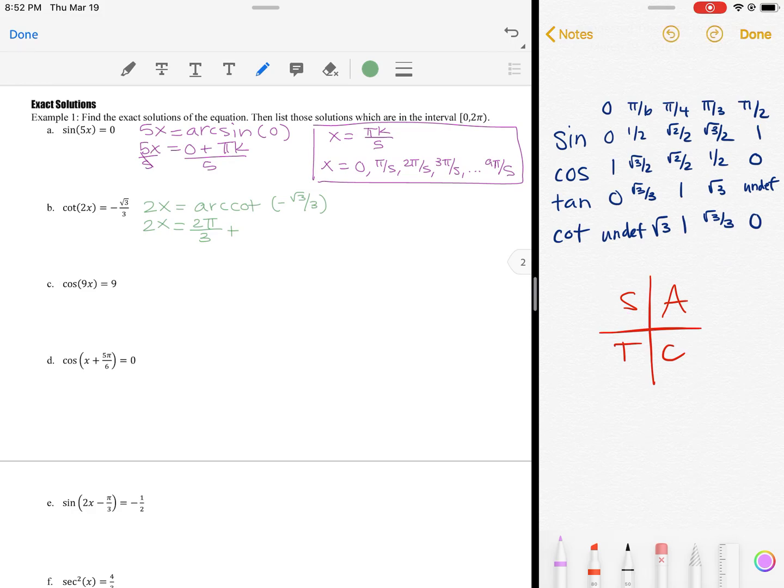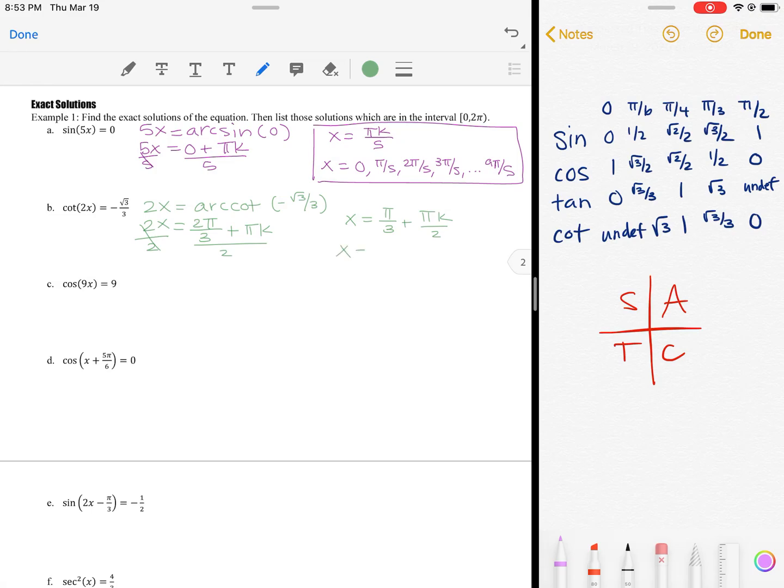Once again, tangent and cotangent repeat every pi, so we can just add pi k. To get x all alone, we're going to divide by 2 on both sides. So x equals 2 divided by 2 will cancel, so we're left with pi thirds plus pi divided by 2, so pi k halves.